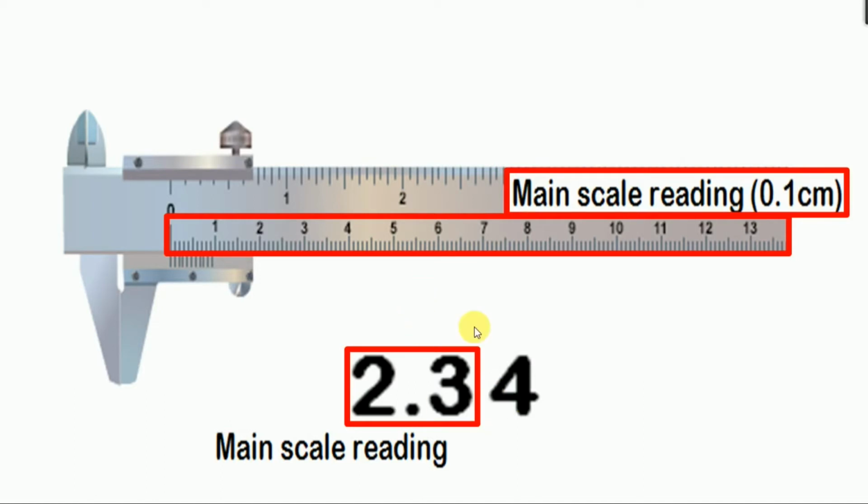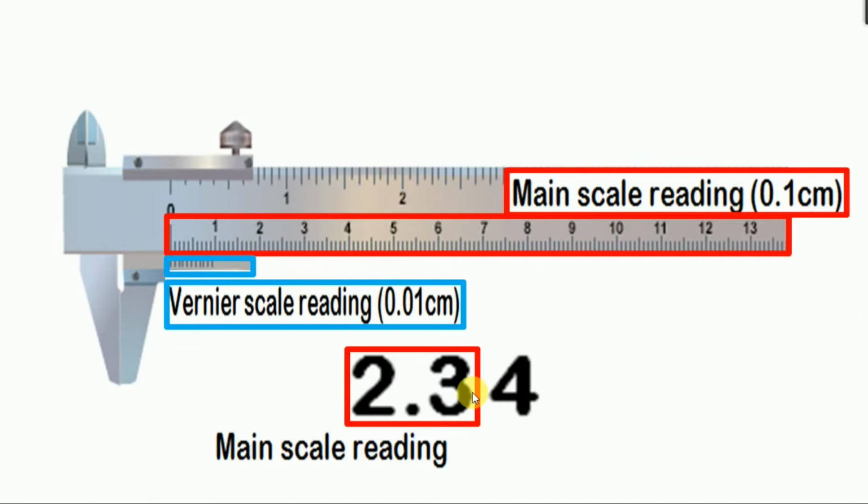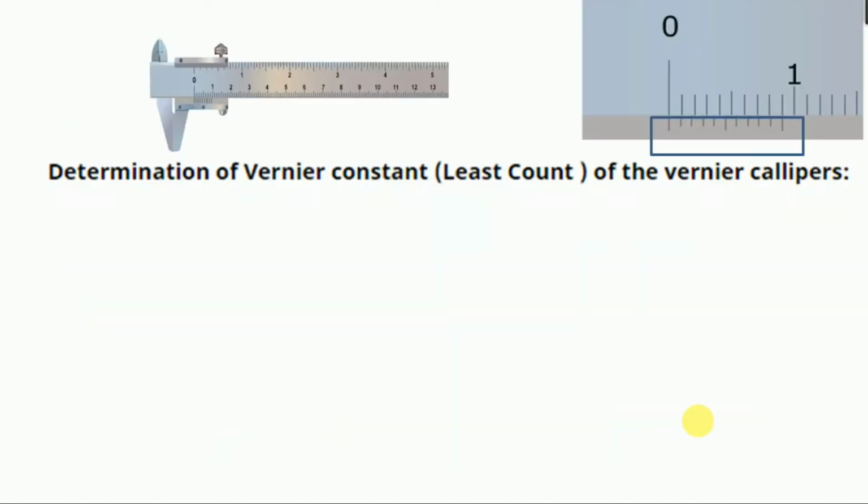So 0.04 cannot be measured using this main scale. To measure this 0.04 centimeter we use the vernier scale, and the vernier scale can measure up to 0.01 centimeter in case of this vernier caliper. So the front part is called the main scale reading and the back part is called the vernier scale reading.